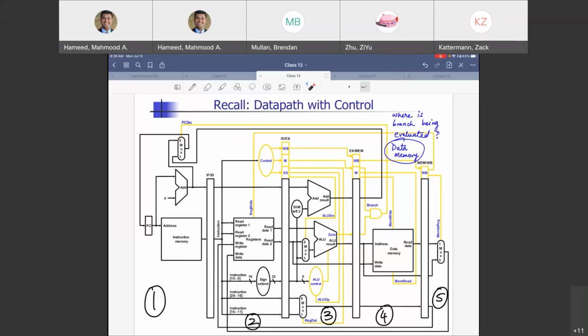That's one idea. The other idea is, where was I going with this? Lost my train of thought. Okay, let's see. So bring the branching ahead of time. That is one.